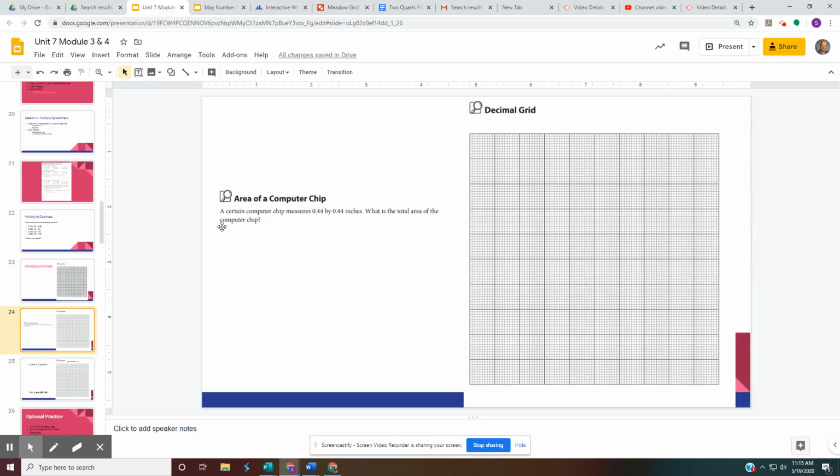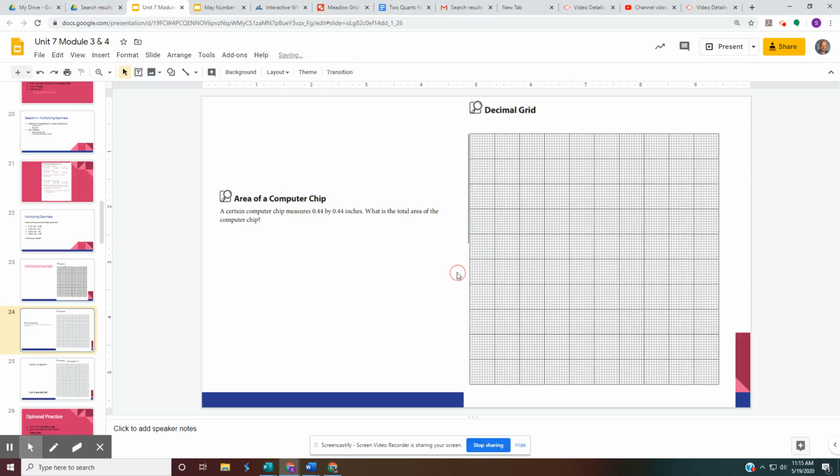All right. So we have an area of a chip that is 0.44 by 0.44 meter. What is the total area of our chip? So this is our array. We need 0.44. So I'm going to draw my line, and here's 1, 2, 3, 4, and then 1, 2, 3, 4 here.